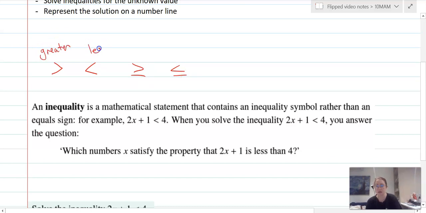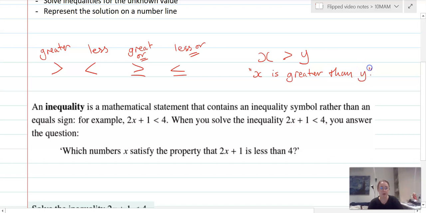So we've got greater, less, greater or equal, less or equal. If I had x, then our symbol, and y, this means x is greater than y.